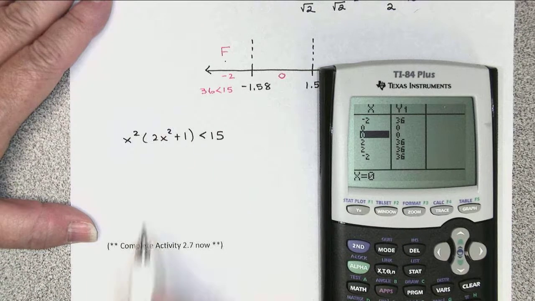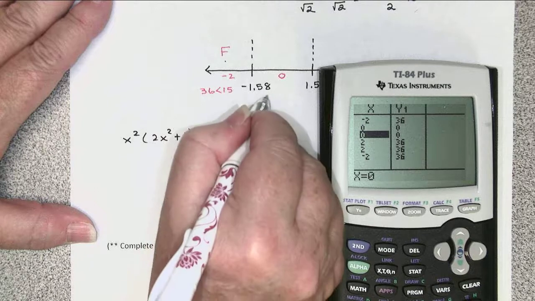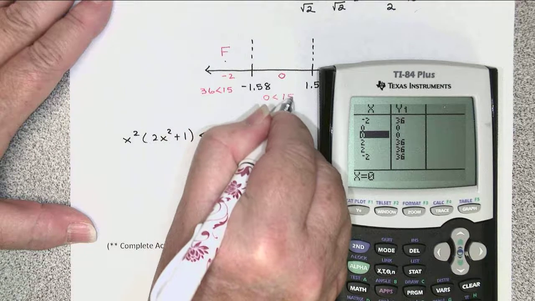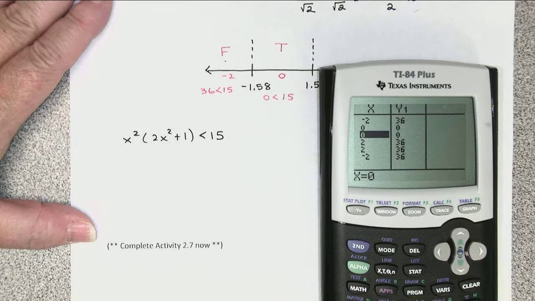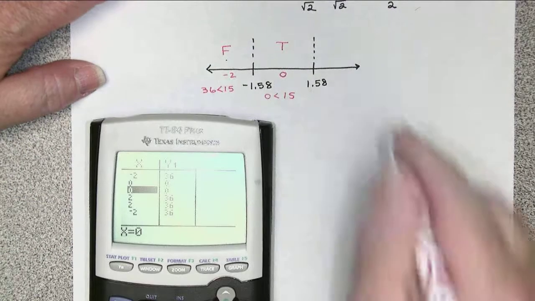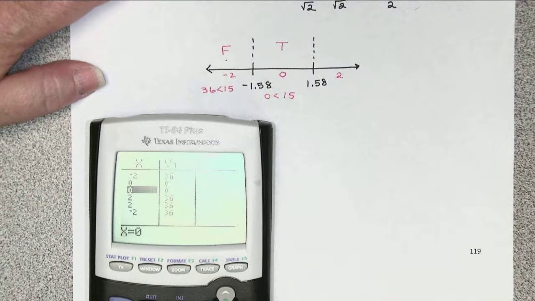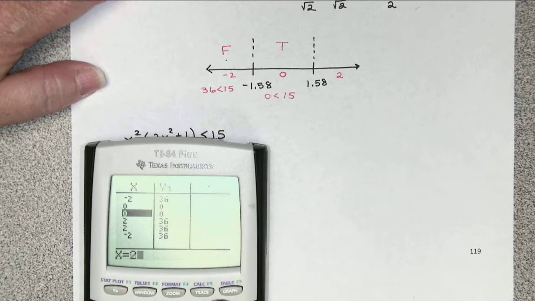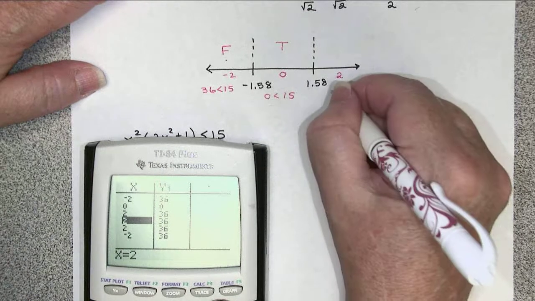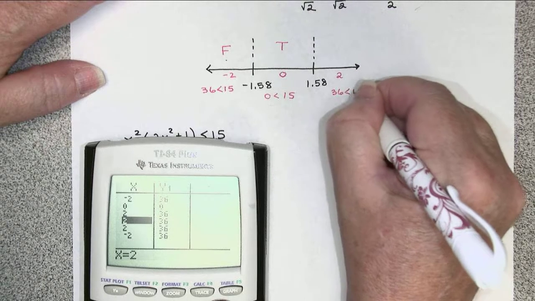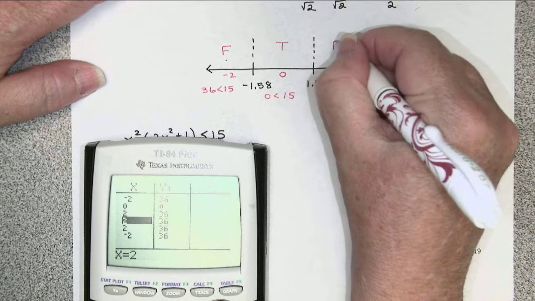So I would have 0 less than 15, which is true. And last, I'm going to try positive 2. That gives me 36 again. And 36 is certainly not less than 15, so I'm back to false.